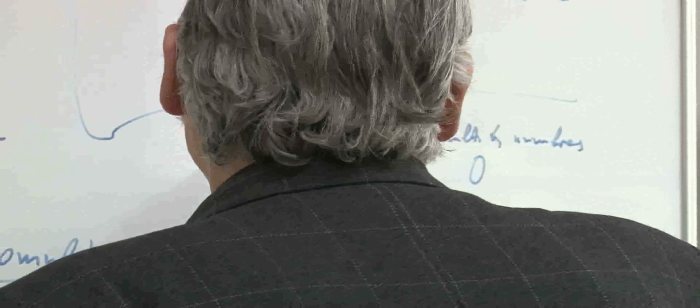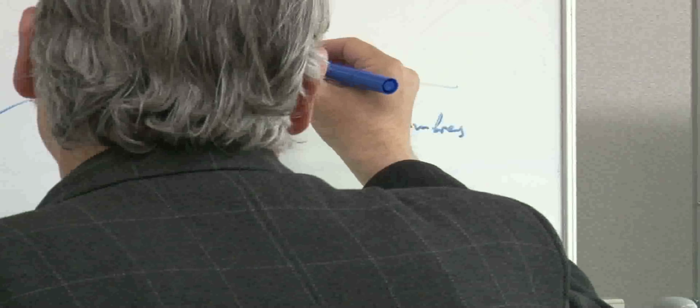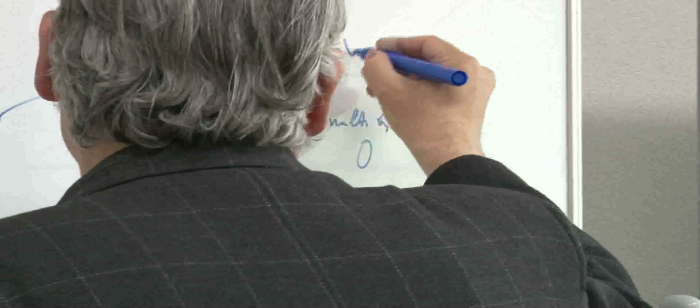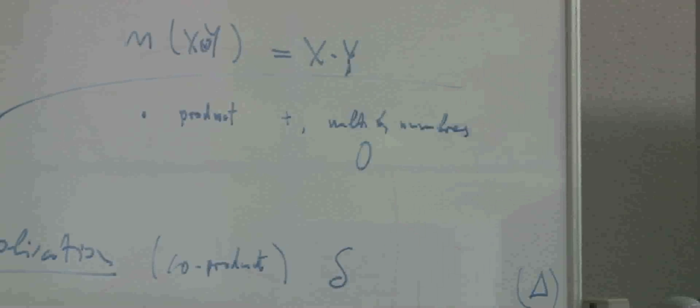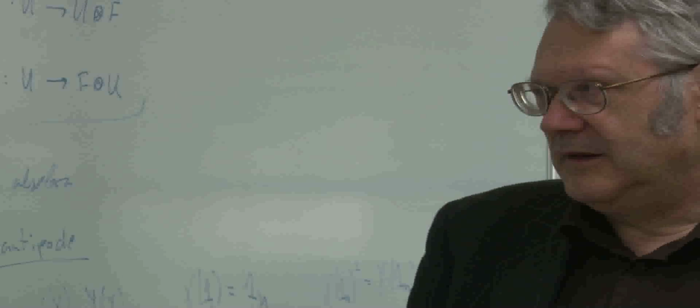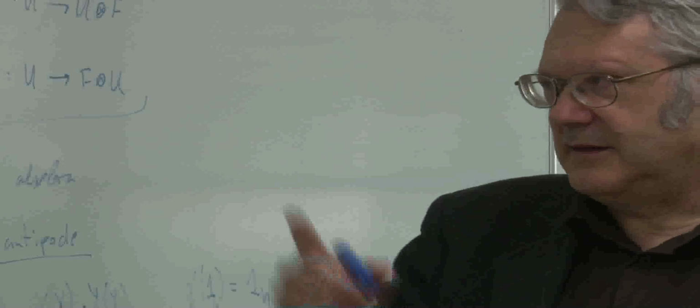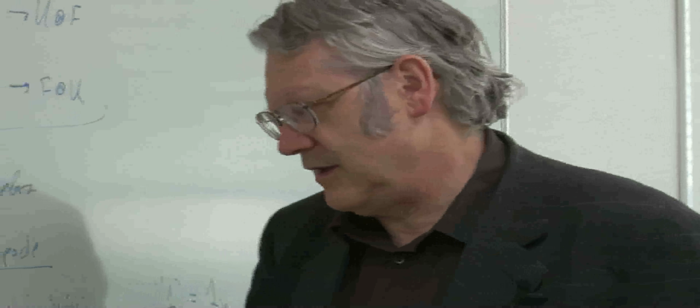Here we introduce that m(x, y) is equal to x times y. This is just a notation that m relates x and y, from the tensor side of the product, to the ordinary product in the algebra U.